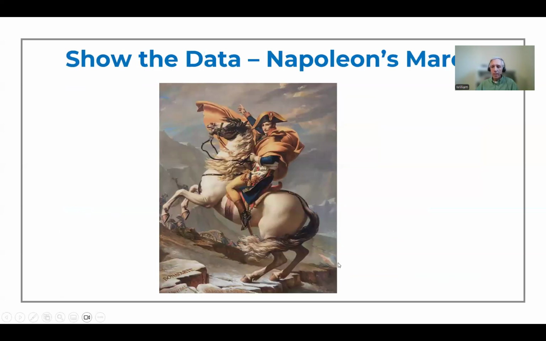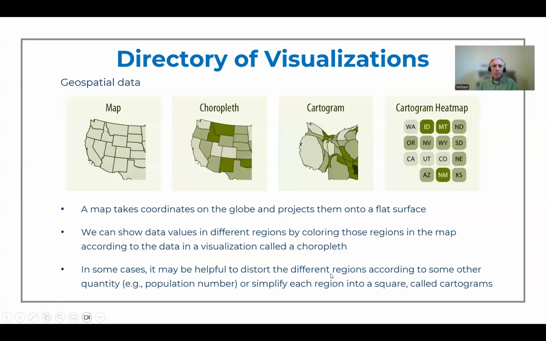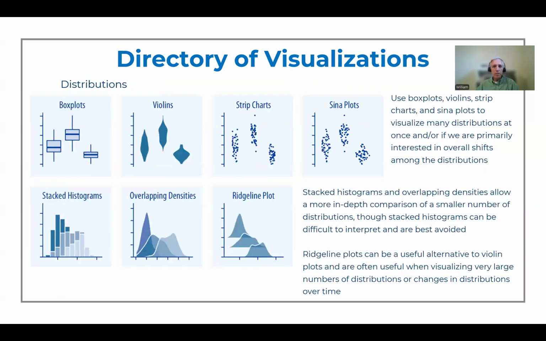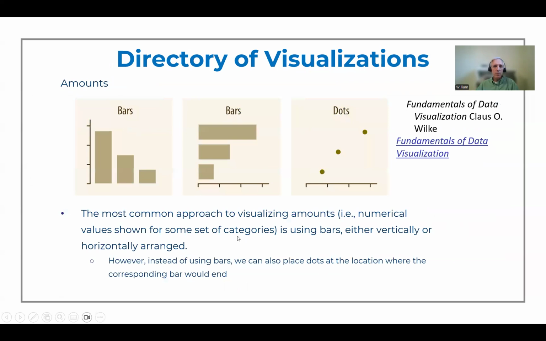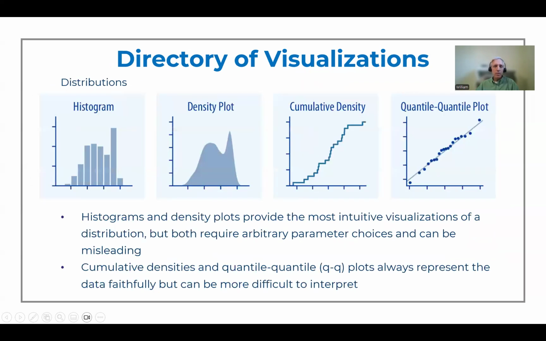Okay, so you have seen this inventory of different kinds of visualizations. We're not going to hit on all of these in the class, but I thought it was important to introduce you to them. It's kind of a blinding array, but what you should do, and hopefully you will, is get familiar with the basic ones: the bars, the grouped bars, and the distributions.